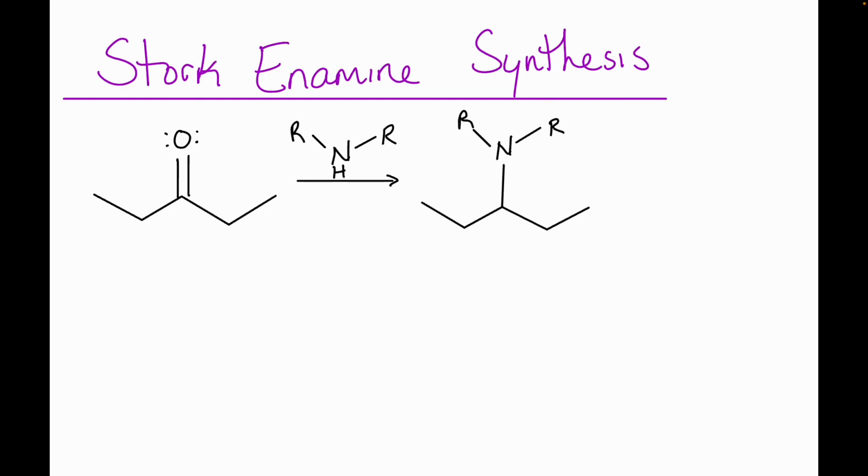All right, so secondary amines will react with aldehydes and ketones to form what are called enamines. And these enamines are Michael donors. They're weak enough nucleophiles to react specifically with the beta carbon in one of those alpha-beta unsaturated aldehydes and ketones.